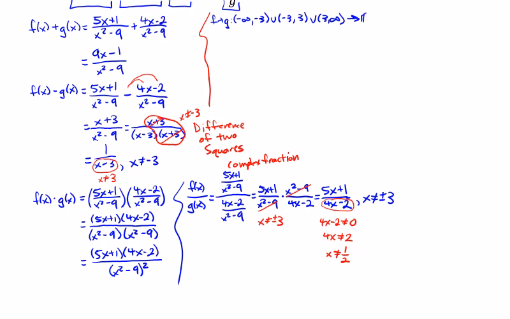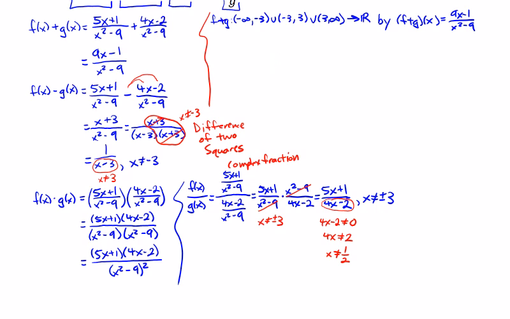That is what maps to all real numbers by the equation f plus g of x is equal to 9x minus 1 over x squared minus 9. So there is our f plus g definition.